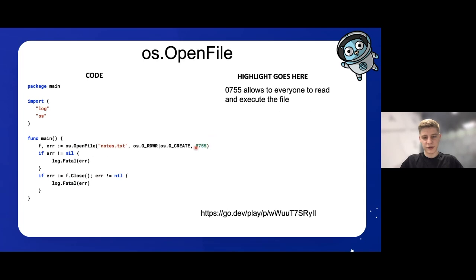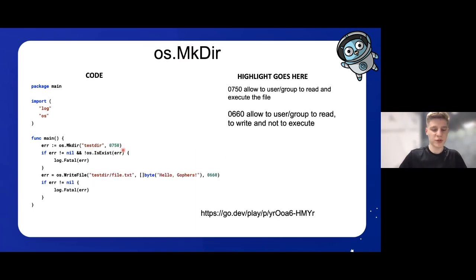But 0755 means that anyone is able to read, write, or execute the file. So this permission is a bit lower. And we check in case this directory already exists, or we got some error, then we can log it as fatal and finish our program.